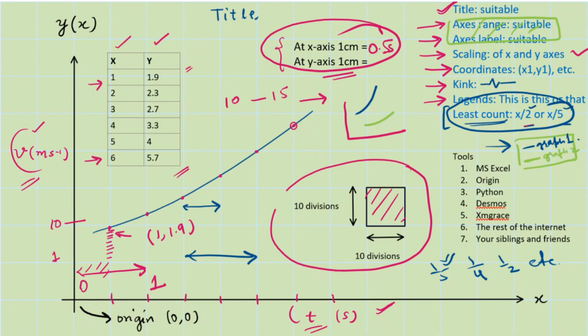You must be aware of the concept of rational and irrational numbers by now. I believe that you are. And even if you don't, just be careful and follow these steps: while you are shrinking the cells of this graph and mentioning your scaling here, you must use one fifth, one fourth, one half kind of factors.